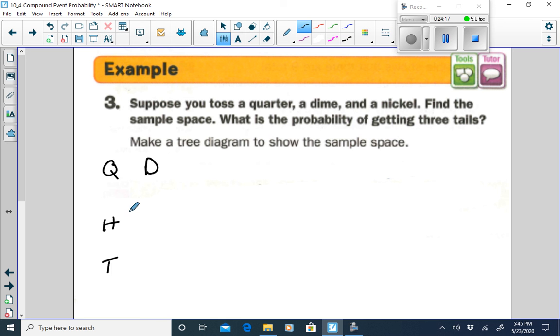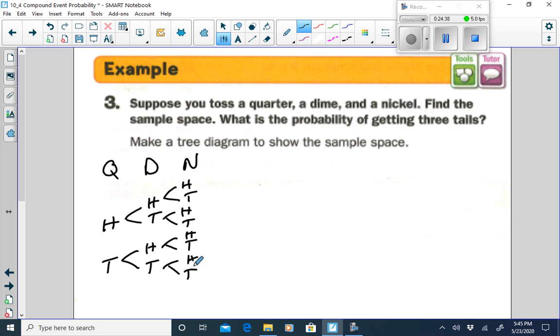With our dime, dime could be heads or tails, or heads or tails here. And then we have our nickel, that could be heads or tails for each branch.